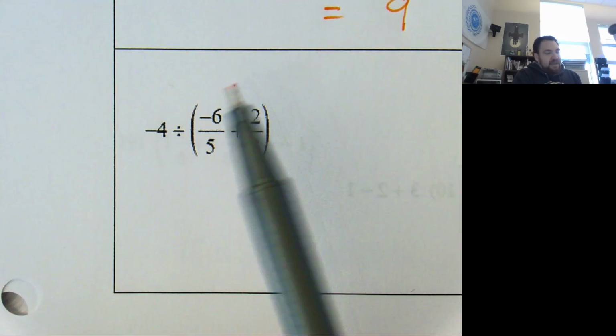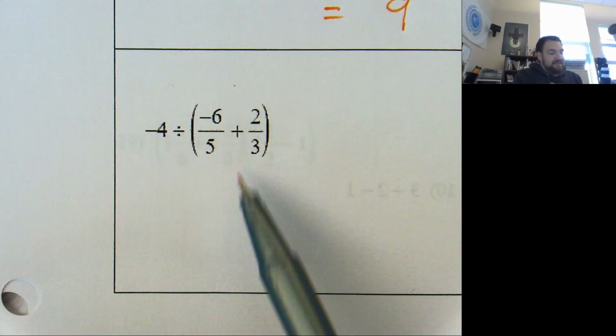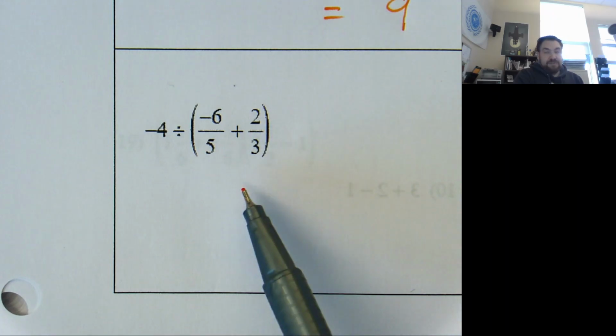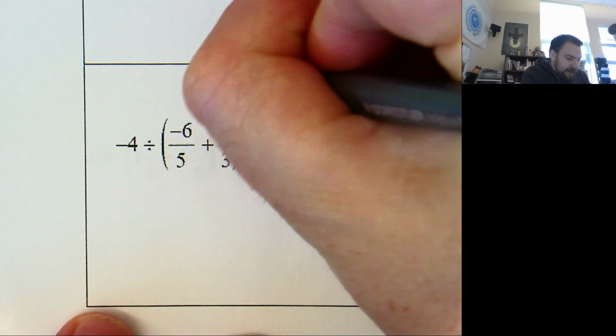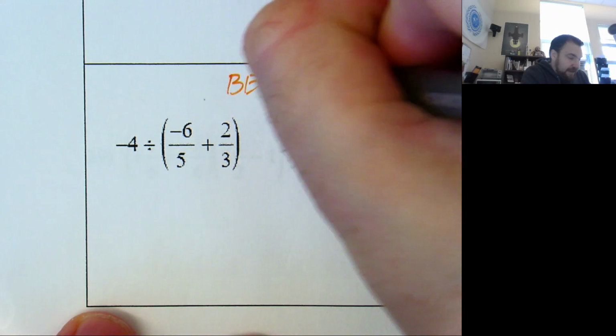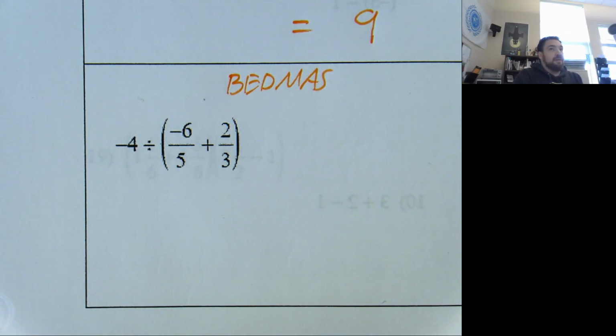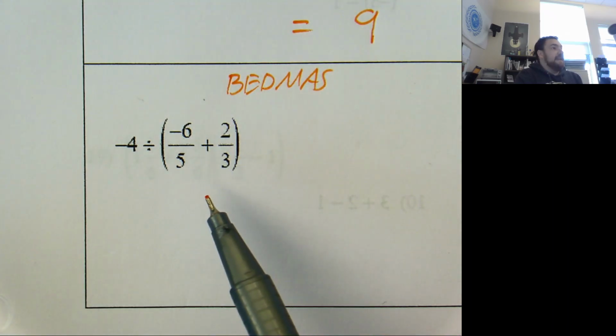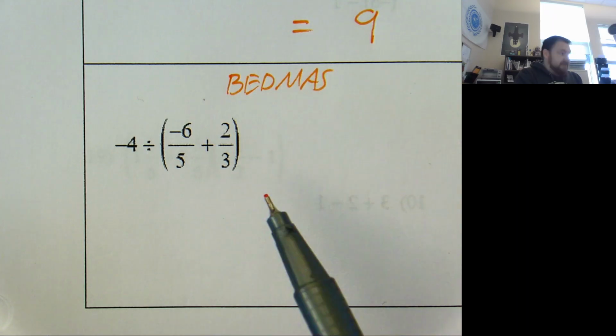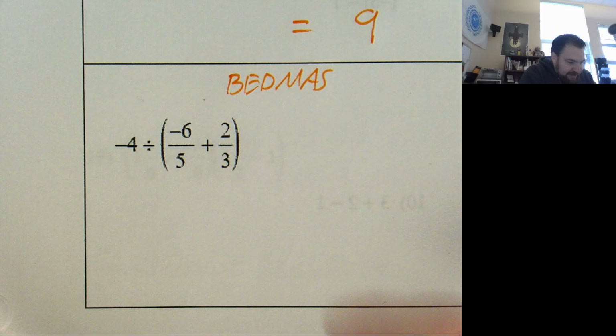So I've got negative 4 divided by brackets, negative 6 over 5 plus 2/3. Bad math. Okay. B for brackets. Do I have brackets with math in it? Yes. Dakota says this. Hassan says yes. They're both right.